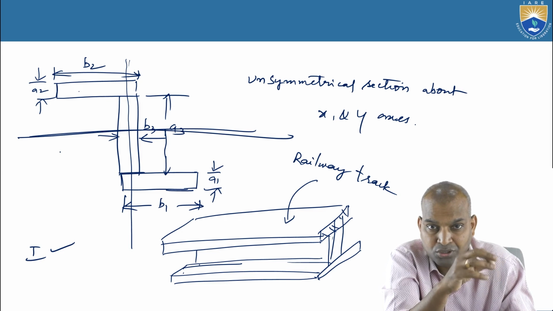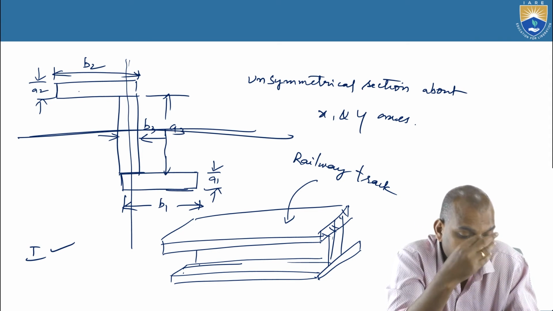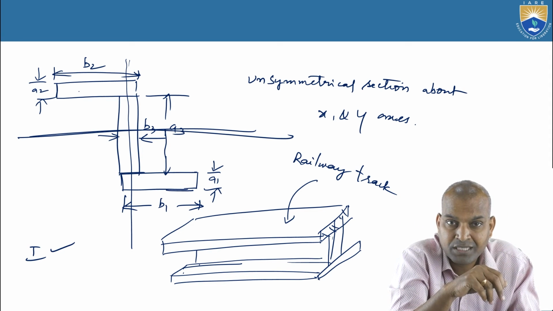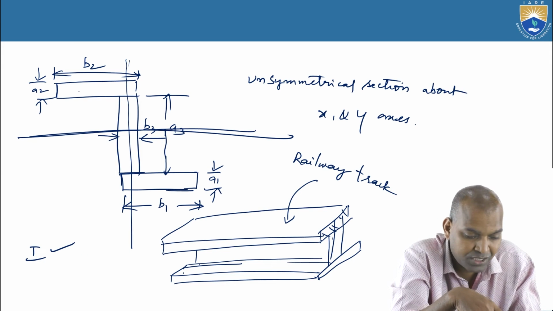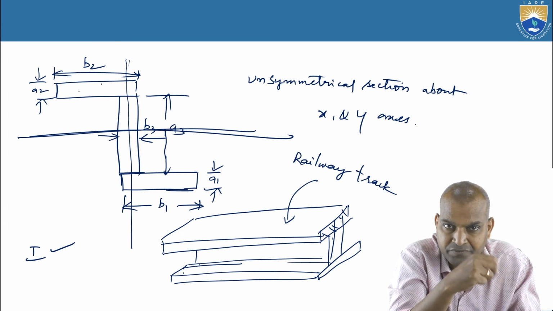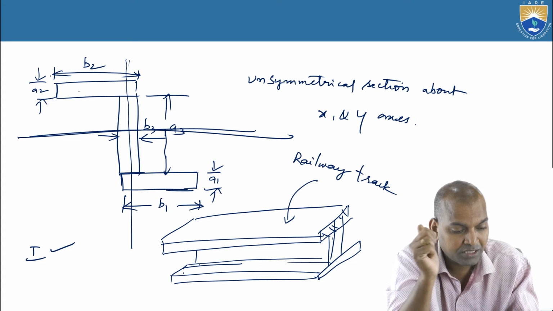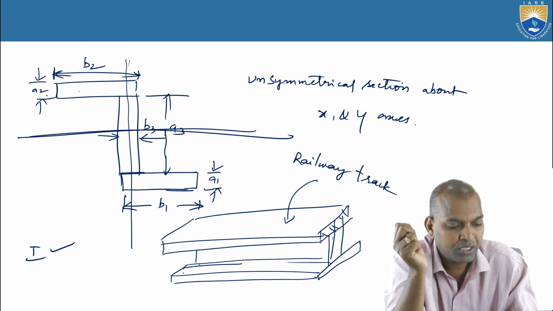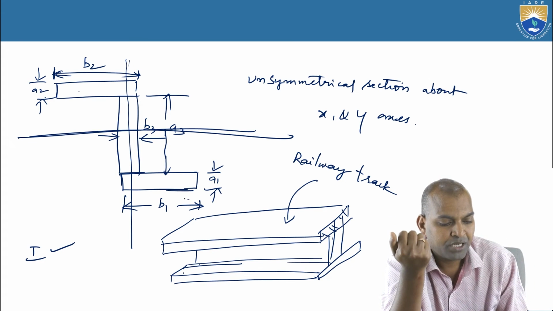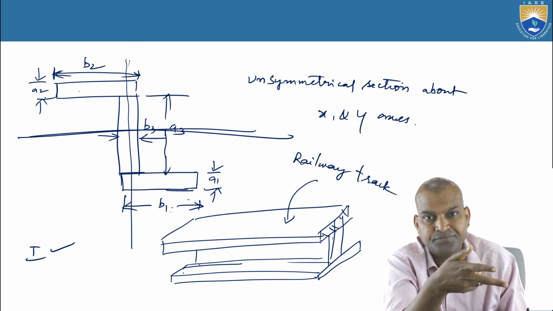So these are the simple methods. How can we find out whether it is symmetrical or unsymmetrical? By visual inspection we can find out, because the geometry here is B2 and A2, and the bottom is A1 and B1. Both are not equal.